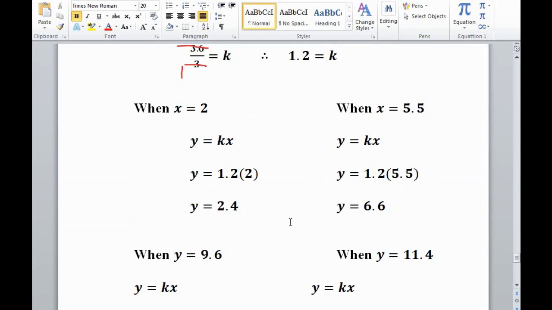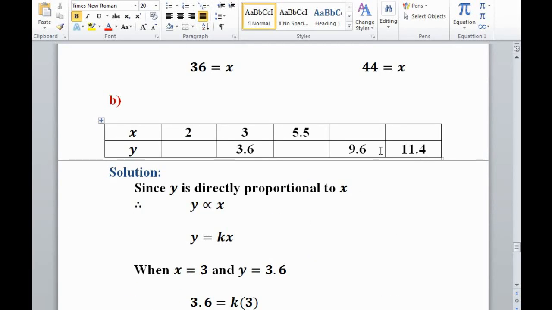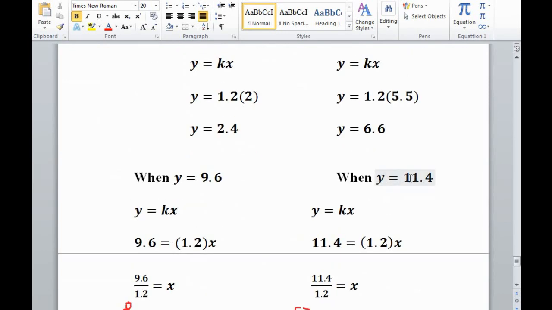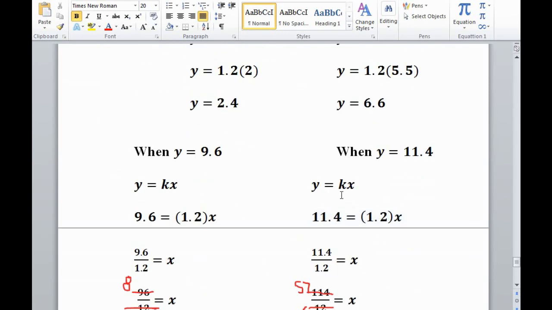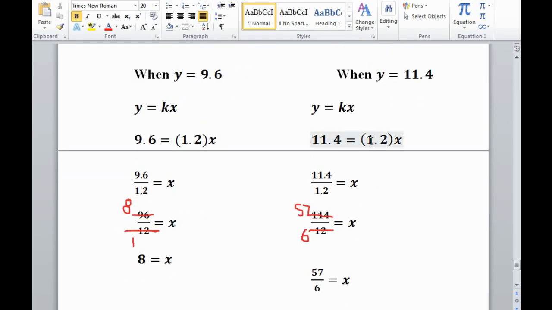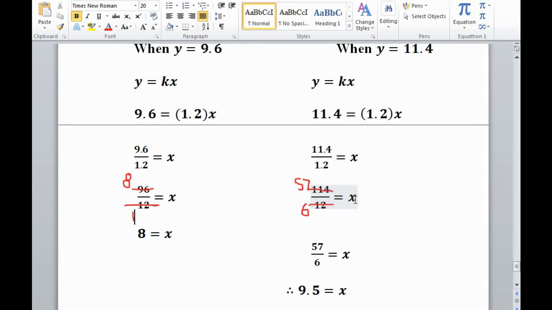Now the last column from this table, where y is 11.4. So when y equals 11.4, we are going to find the value of x. Here we have y as 11.4 and k we have calculated, which is 1.2, multiplied by x as it is. Let's take 1.2 to the left side, then the fraction is 11.4 divided by 1.2 equals x.